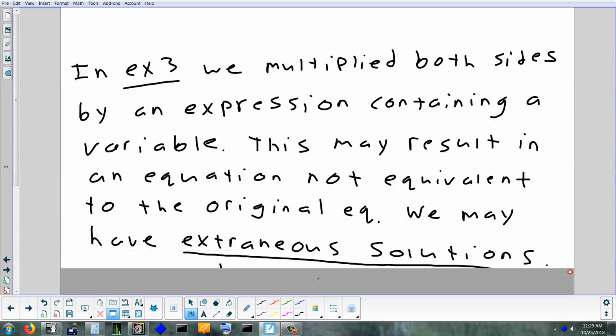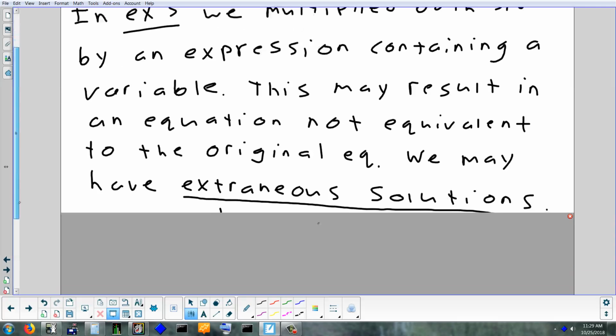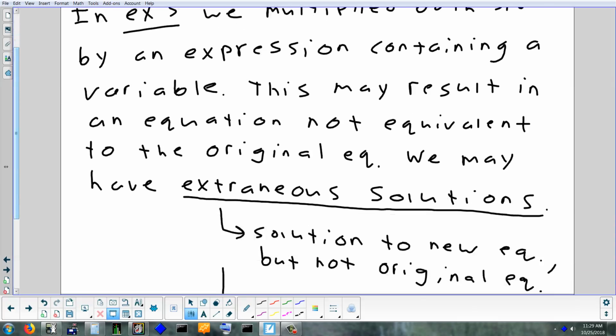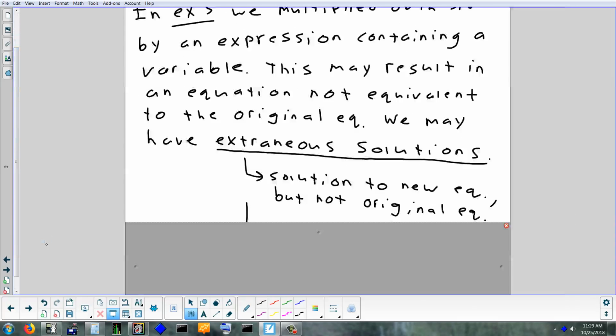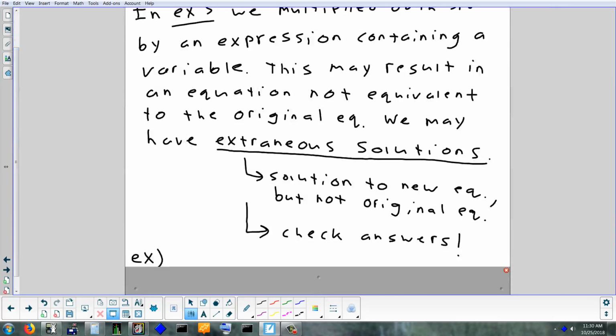What that means is you didn't do anything wrong. Because you multiplied both sides by a variable, you created what could be an extra answer that doesn't actually work in the original problem. So the only way around that is to check your answers. Okay, so check your answers.